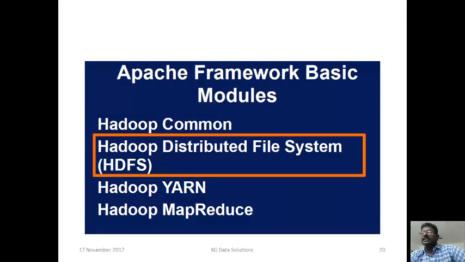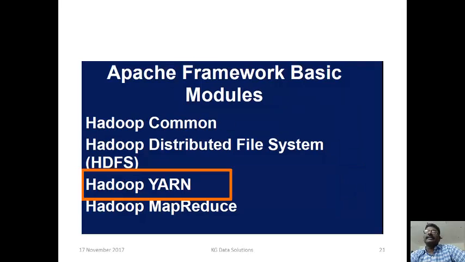Next is HDFS. We saw what is HDFS, that is the distributed file system, which is where the data is getting stored. And next is YARN. YARN is Yet Another Resource Negotiator. Previously we didn't have YARN, we had only MapReduce. So MapReduce used to do both the resource handling part and also the processing part. So basically it was doing multiple jobs.